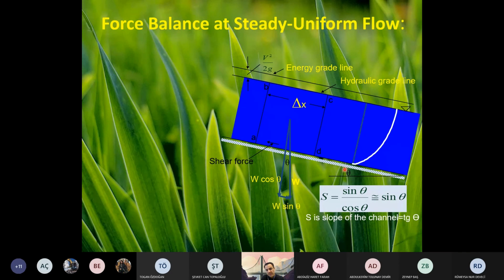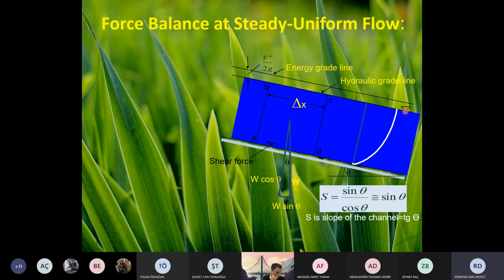Because I'm going to find the slope of the channel. And do you think that the slope of the bed equals the slope of the water surface or free surface? Any idea?